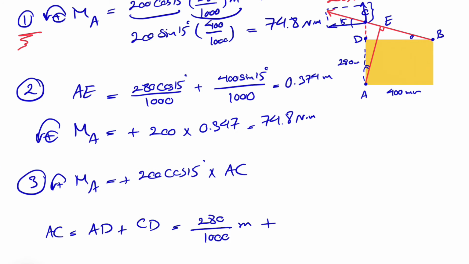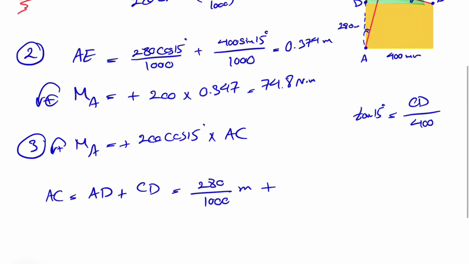If you look at this right triangle that I'm highlighting in green, if you want to find the tangent of 15, we basically have the opposite, CD, which is what we are looking for, over the adjacent, 400. So CD is 400 times tangent of 15 degrees over 1000.